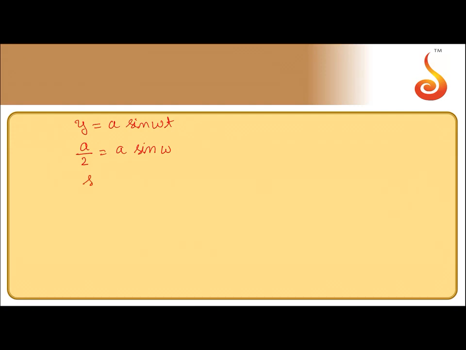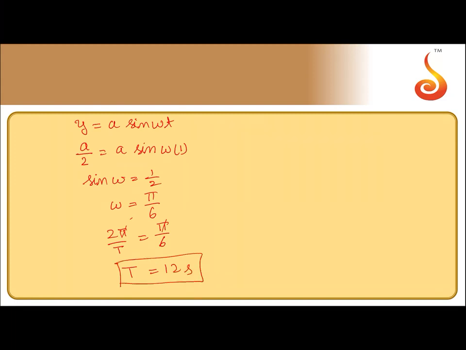So a gets cancelled. Sine omega, see this is actually omega into 1 because time taken is 1 second. So sine omega is equal to half. So omega is equal to pi by 6, that is 30 degree. So omega is 2 pi by T, that is equal to pi by 6. We need to find T. So pi gets cancelled. We'll get T is equal to 12 seconds.